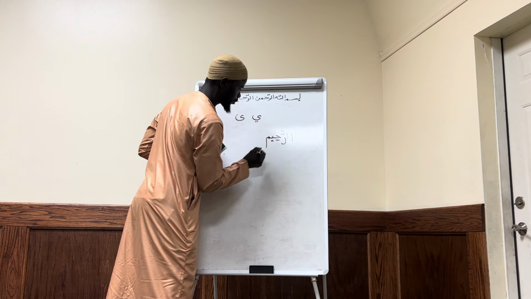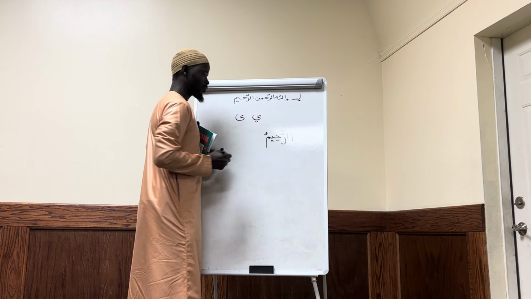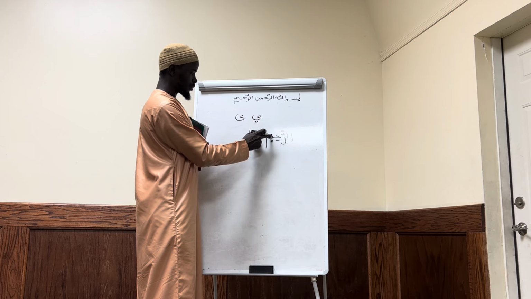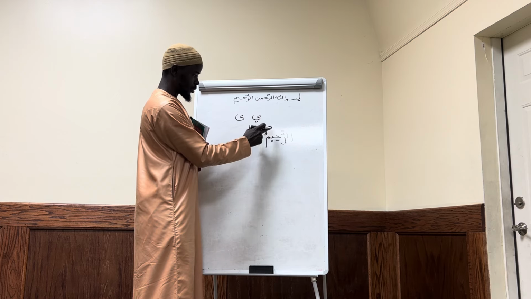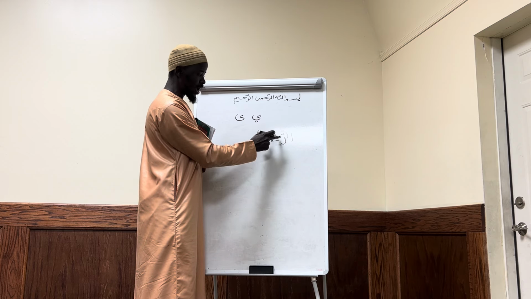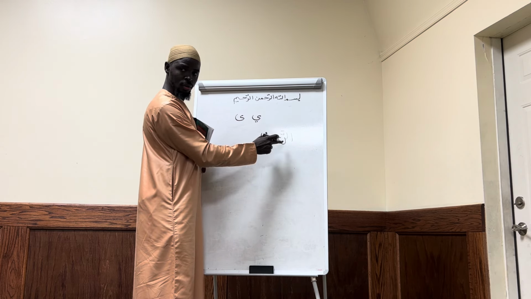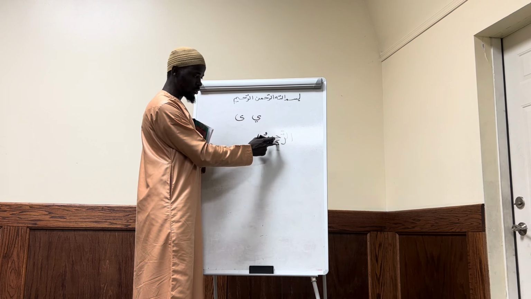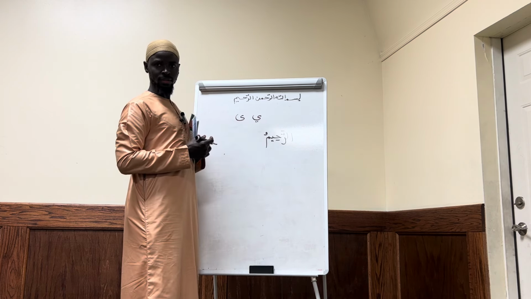Ar-rahim. You see it? So this ya doesn't have a vowel on top of it or at the bottom. And the letter before the ya is ha, which has a vowel at the bottom. That means this ya is there to prolong the ha, the kasra.